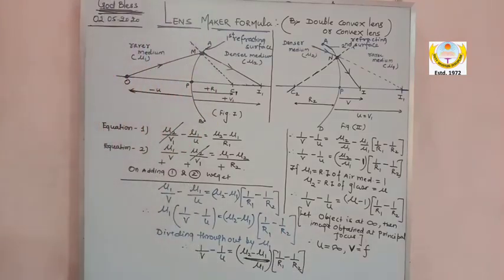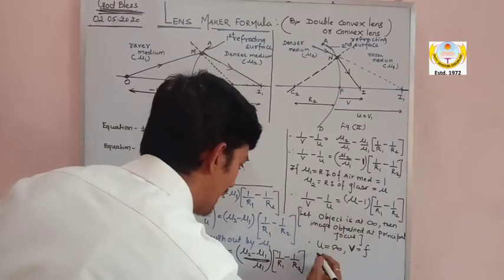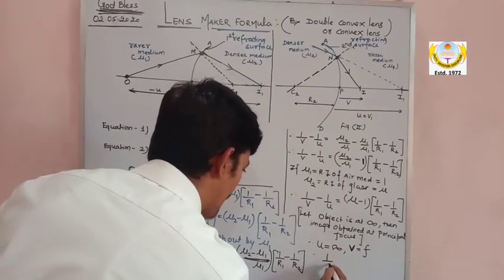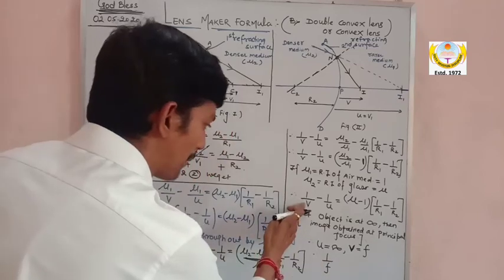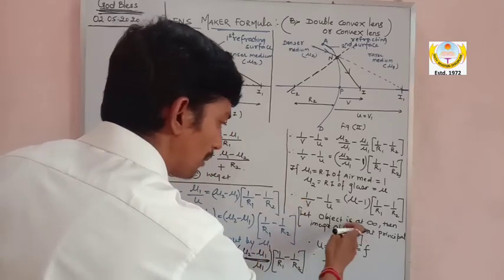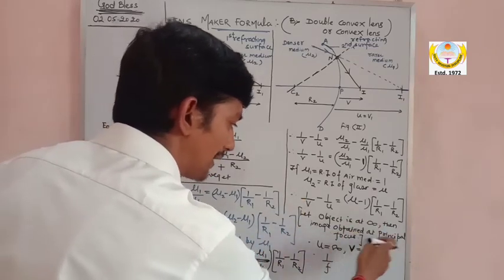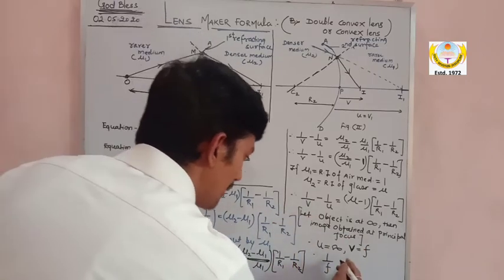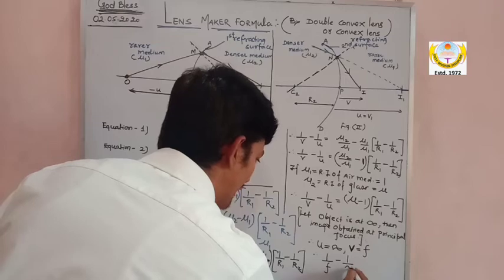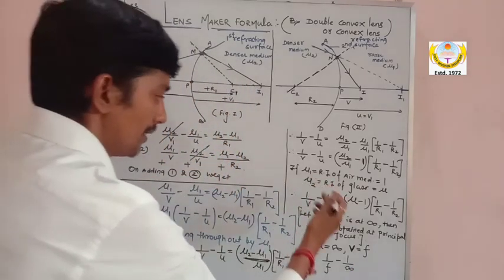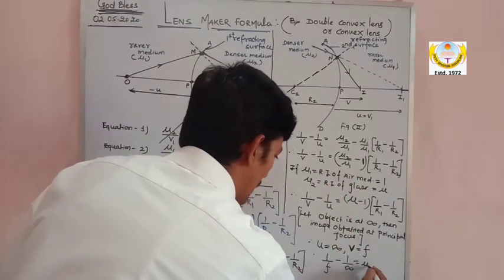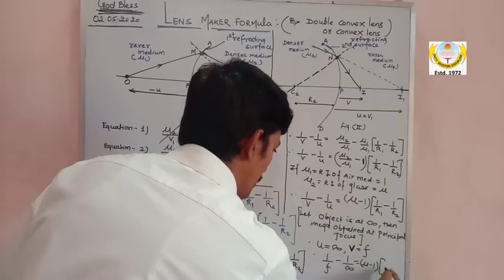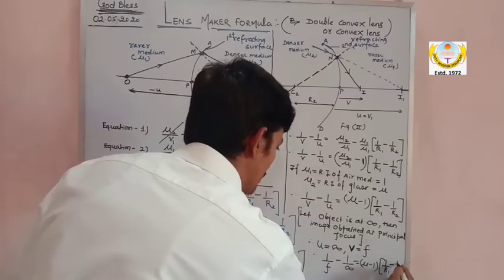So if v is equal to f in this case, therefore my dear, this will be 1 upon f, because I have written when the object is at infinity, then the image is obtained at principal focus. So this is 1 upon f minus 1 upon infinity is equal to mu minus 1 into 1 upon R1 minus 1 upon R2.